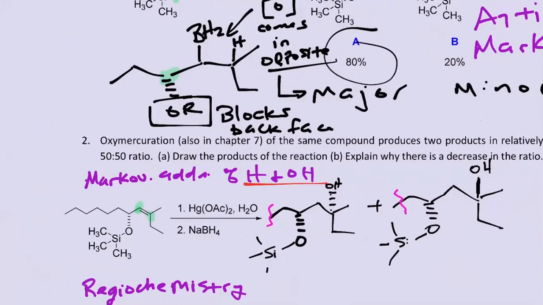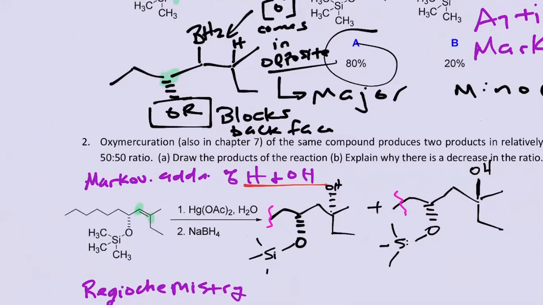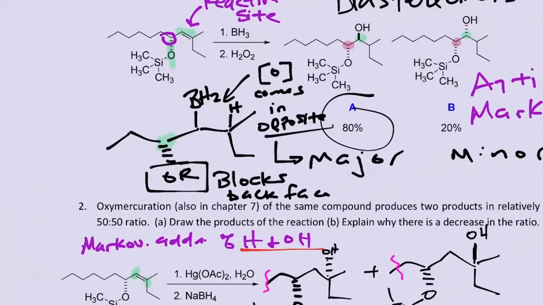Dr. Russell, can you scroll up a little bit? Is that good? I think the difference would just be how the silicon and the carbon are blocking from one side, a steric interference.